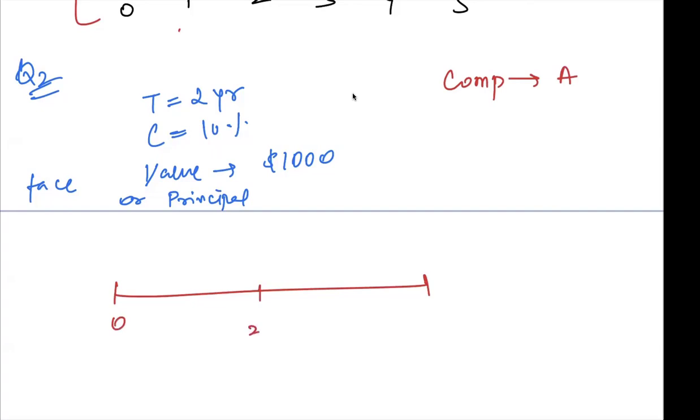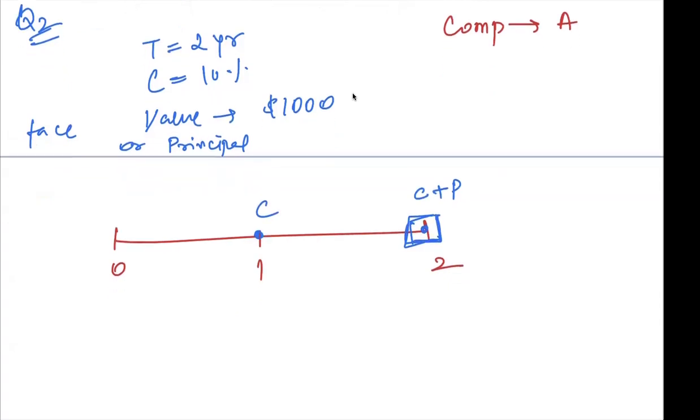So we have 2 years. Compounding is annual, which means here you will receive coupon. Here you will receive what? Coupon plus principal, because in the last year you'll receive coupon plus principal.